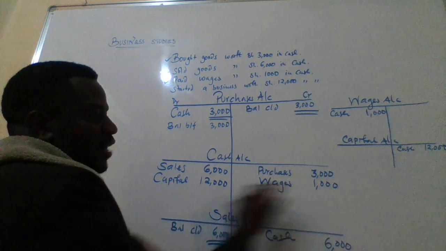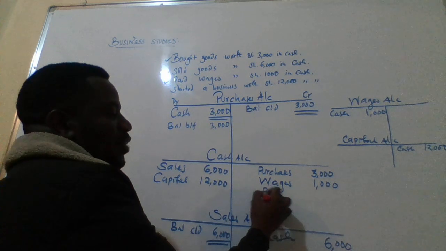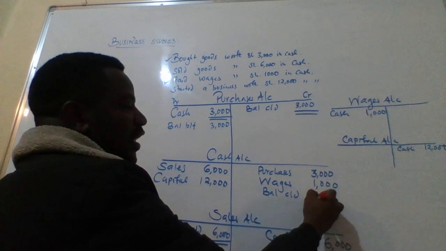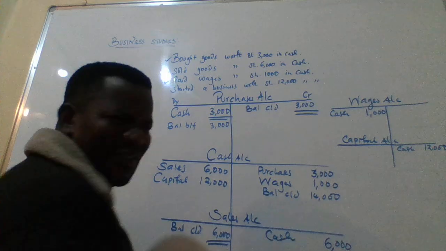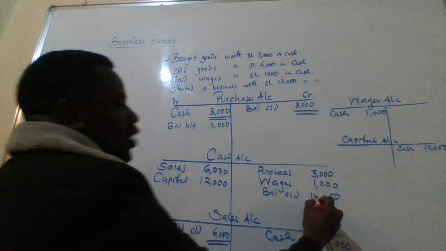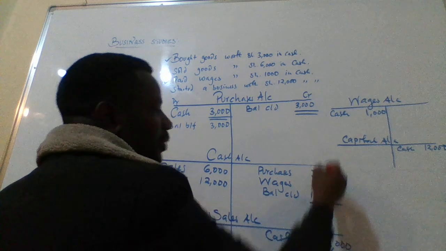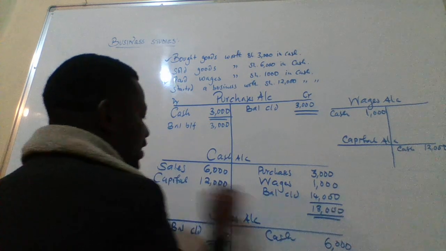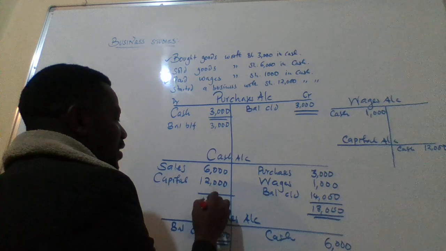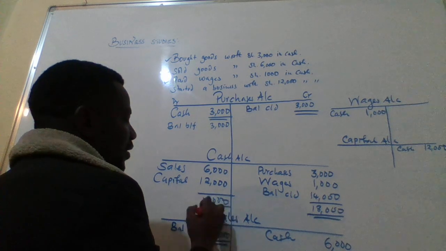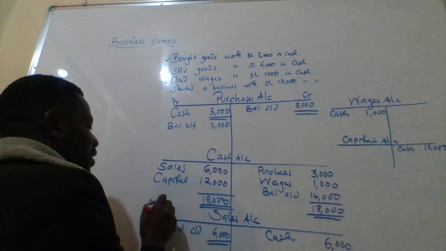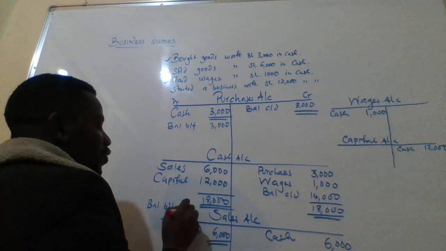Here it is 18,000, here is 4,000. Therefore here we shall have a balance carried down of 14,000. Why 14? They must be equal. 14 plus 4 is 18,000. Now it is balanced, 18,000. This balance carried down will come here as balance brought forward, the 14,000.